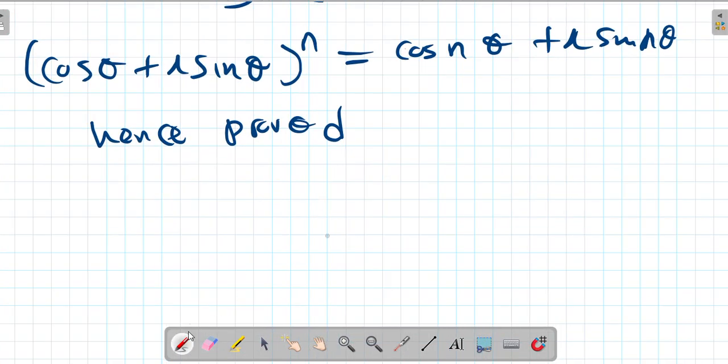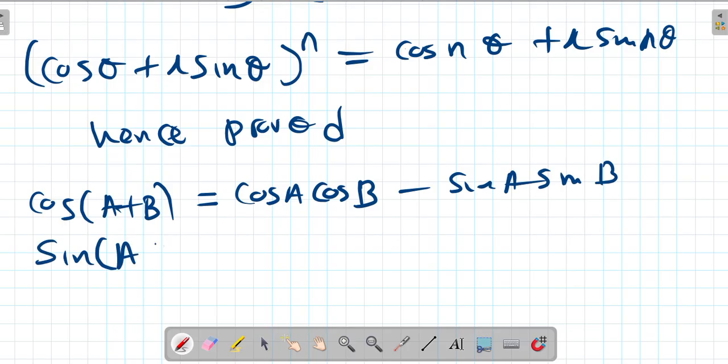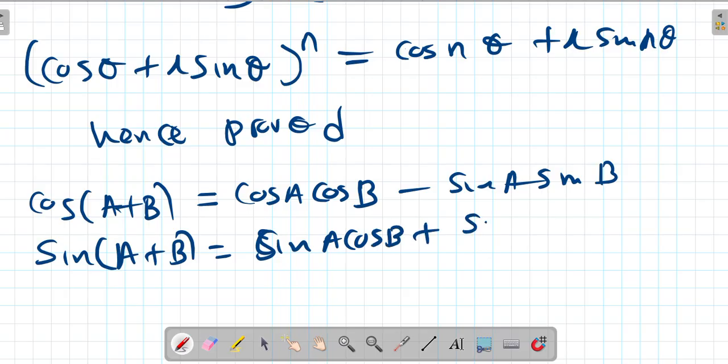So just a reminder, we know that cos(a plus b) is equal to cos a cos b minus sine a sine b, and we know that sine(a plus b) is equal to sine a cos b plus cos a sine b.